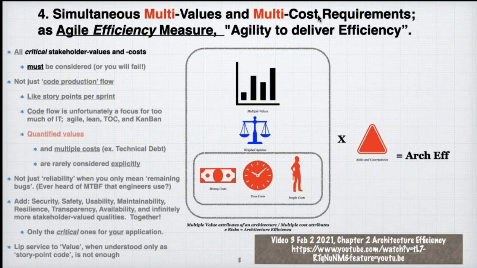And we need to consider all the time, people, money costs for the life cycle of the entire system. We need to consider that when doing our design, our strategic planning, our architecture. And we need a tool, because now I'm saying in practice, you're going to have to look at 10 values requirements and 5 or 10 cost constraints or requirements.